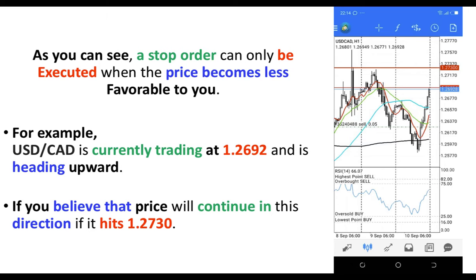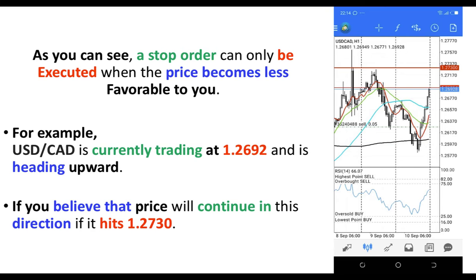Okay, let's take an example. For example, we have the USD CAD. It's currently trading at 1.2692 and is heading upward. Take a look at the image on your right. Today is 13th of September 2021 as I'm doing this video.